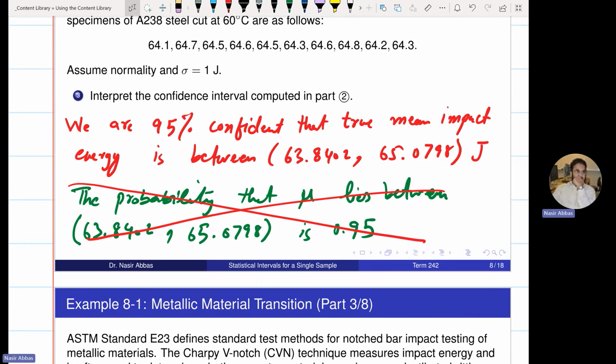We say that we are 95% confident. We don't use the word probability. We say we're 95% confident that mu will be captured between this one. We'll not say that the probability that mu is captured between this and this is 0.95. The confidence level is 0.95.